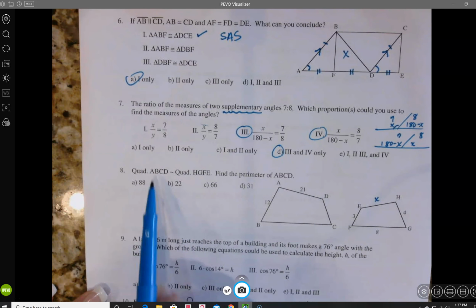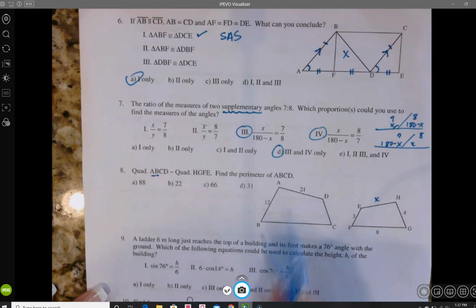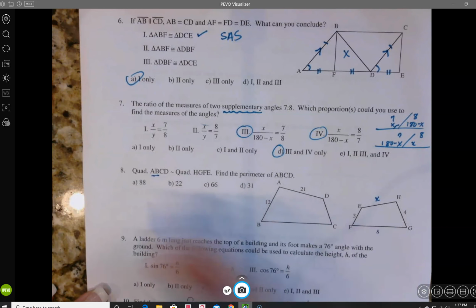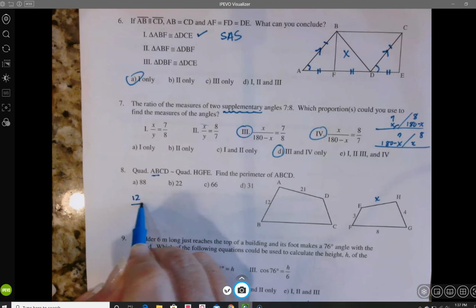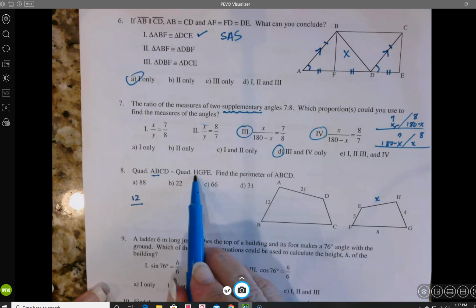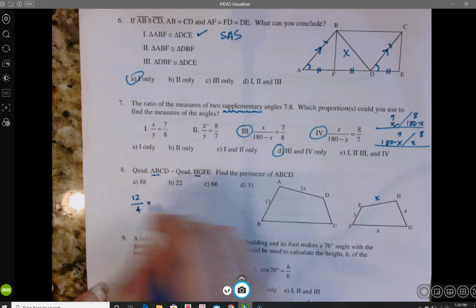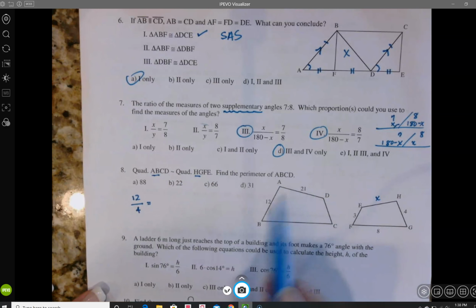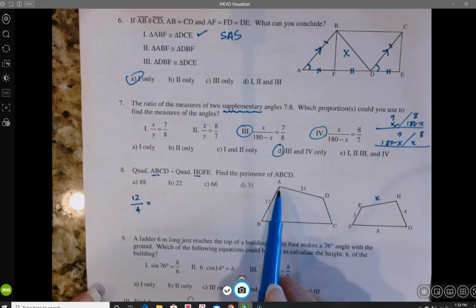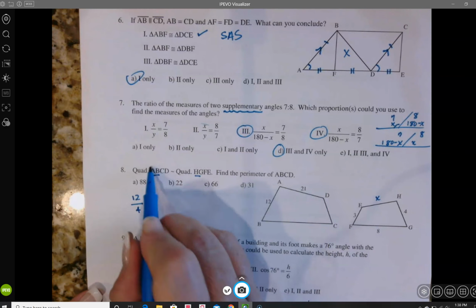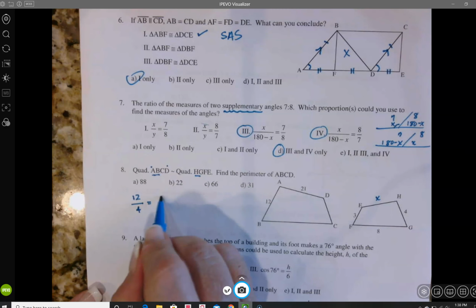So we're going to first start with a proportion to find missing sides. So I'm going to take AB, and AB is 12, and I'm going to compare it with HG. So HG is over here, and that's 4. And then from my big quadrilateral, I've got side AD, which is 21.